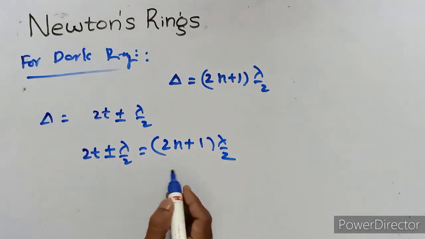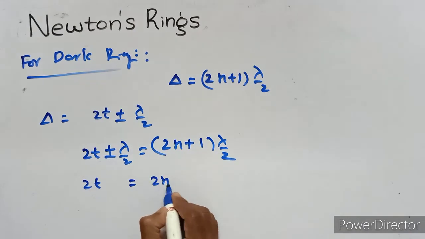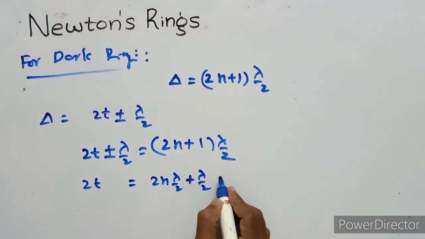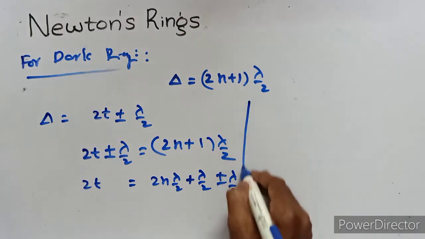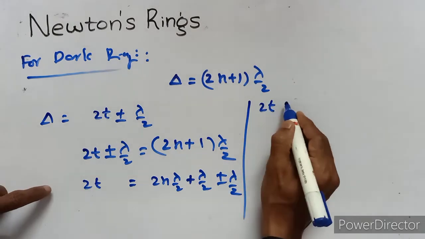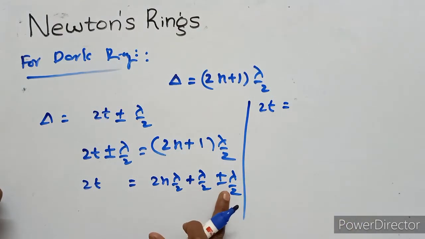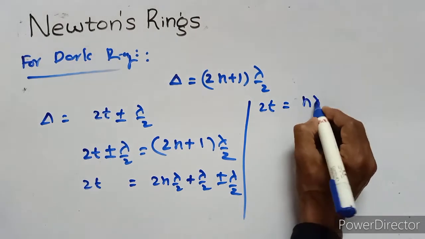Okay, then 2t equals 2n lambda upon 2 plus lambda upon 2, plus or minus lambda upon 2. Further simplification: for the plus or minus lambda upon 2, we take minus lambda upon 2, so minus lambda upon 2 and plus lambda upon 2 cancel, the 2 cancels, leaving n lambda.